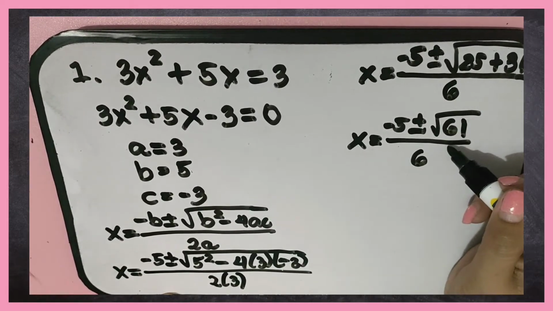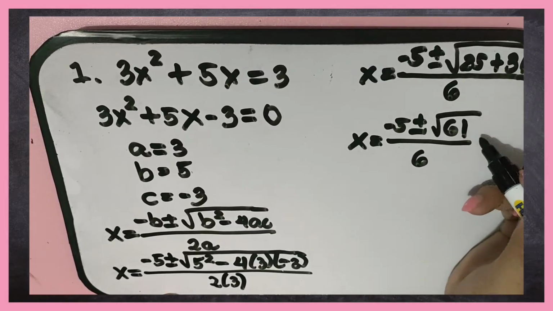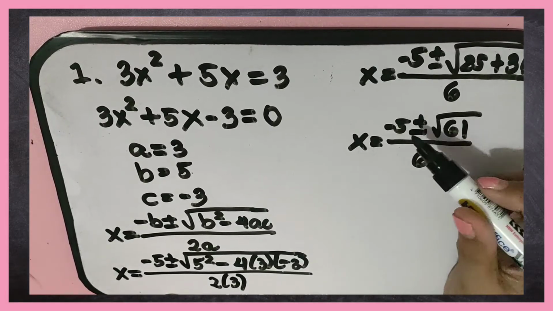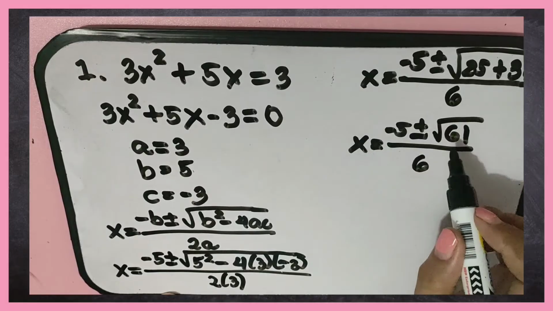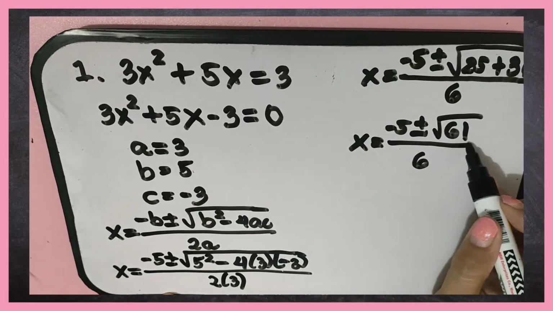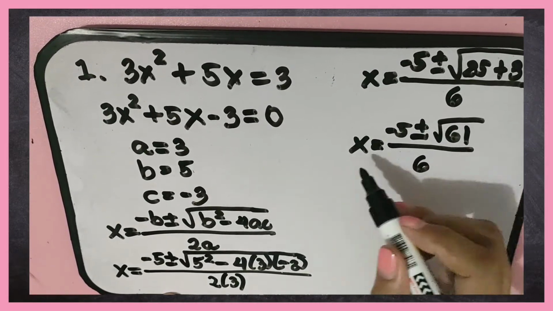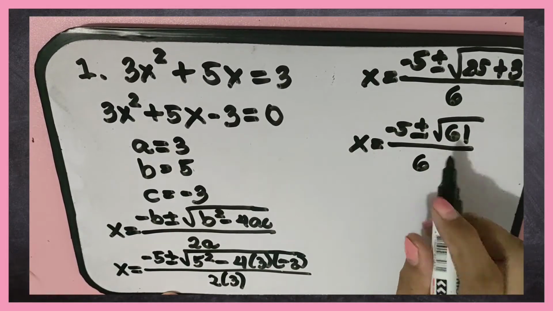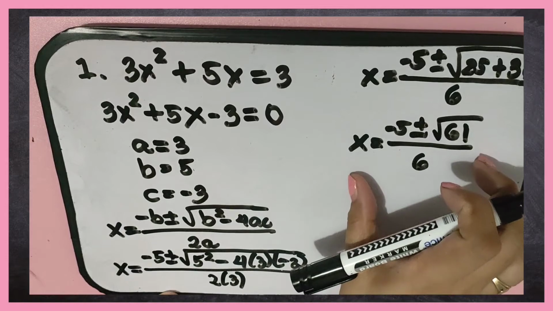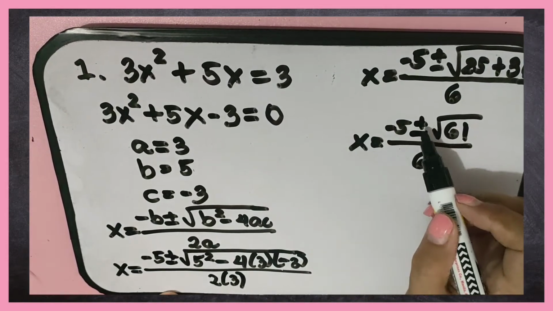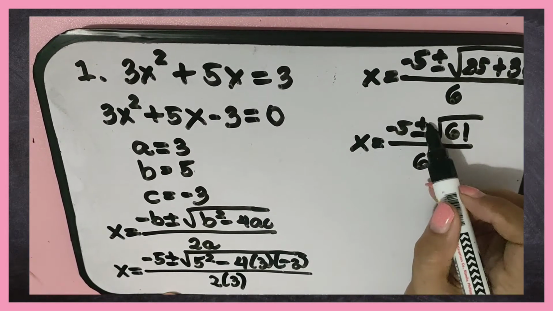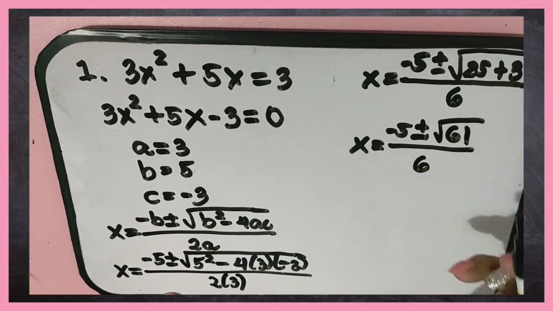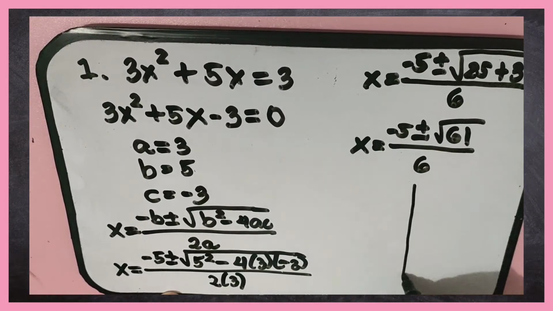How about, are there factors of 61 na yung isa ay perfect square, yung isa ay hindi? Okay, wala din. So, pag gano'n ang nangyari o ganito yung example, ang gagawin lang natin ay i-rewrite lang natin ito, and then yung unang value ng x ay positive dito, yung isa naman ay negative. So, we will separate the two.